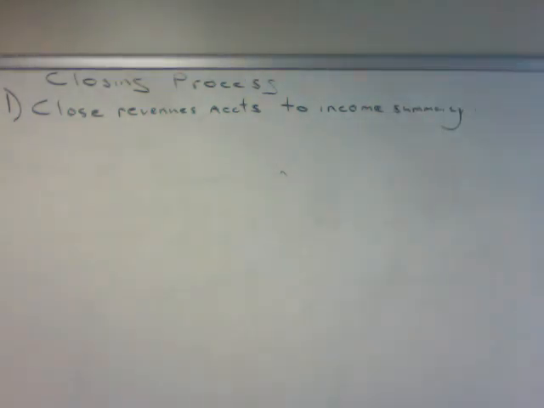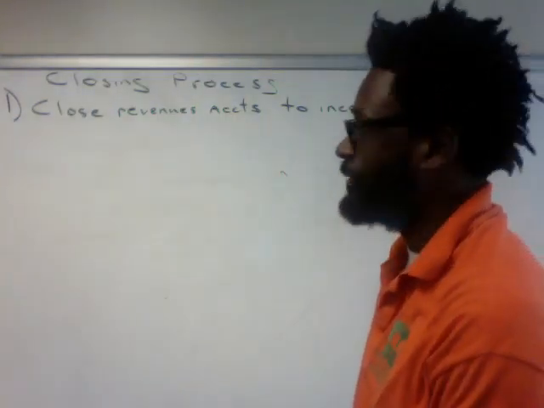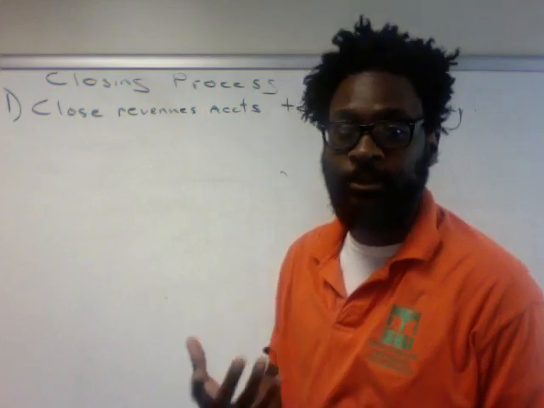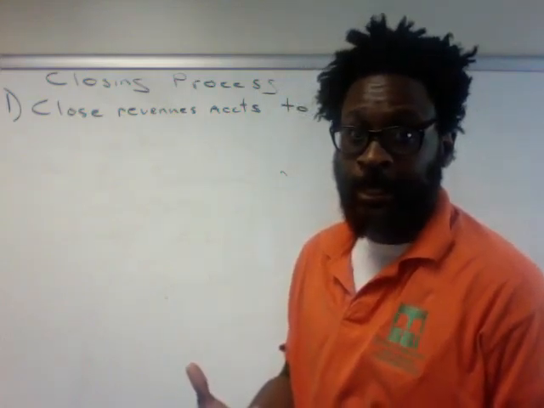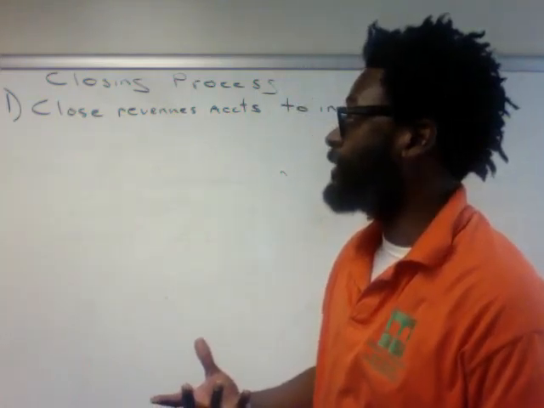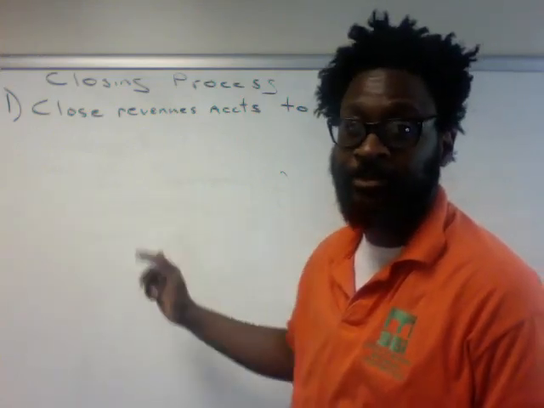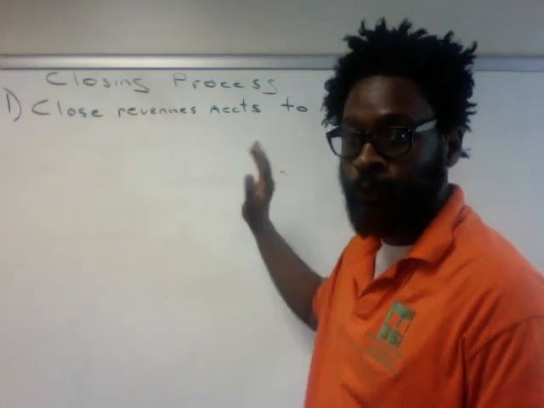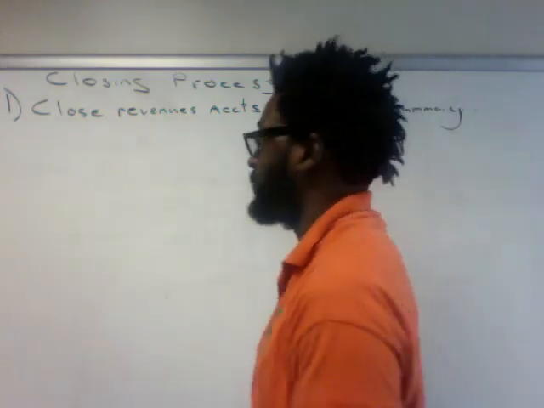So what are revenue accounts? We already know we provide a service, we sell a product. Income summary is just an account that you pull out of thin air, really, and that particular account is going to close itself out in this process. So don't make a big deal about income summary. It's used for closing out certain accounts.